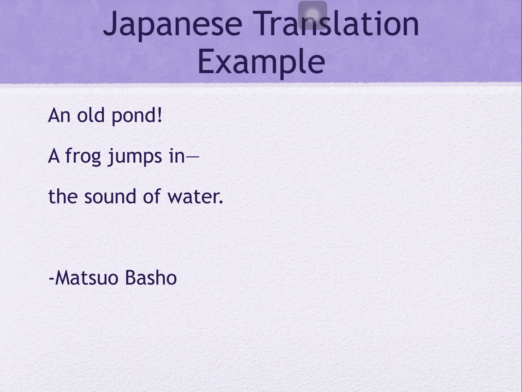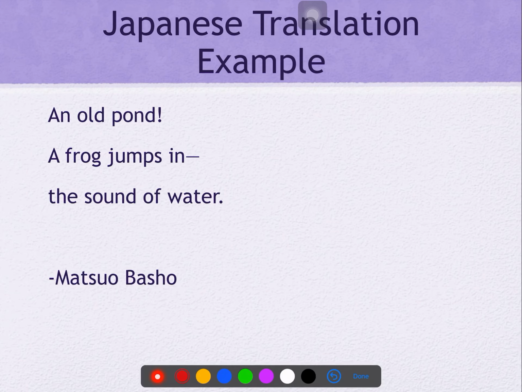If we try to count the syllables, I have an old pond. That's 3 syllables, right? An old pond. Okay, then in my next one, I have a frog jumps in. That's 4.